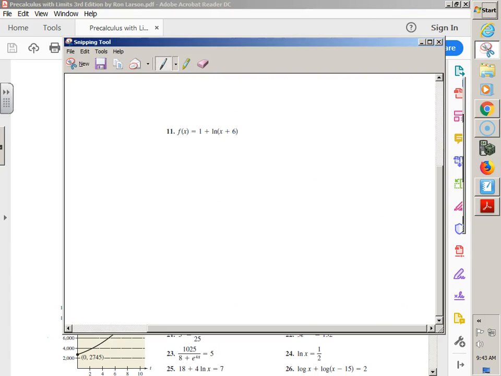Okay. Hey, domain problem. Doesn't the argument of a log have to be greater than 0? So x has to be greater than -6, or if you're practicing your interval notation, open -6 to infinity.